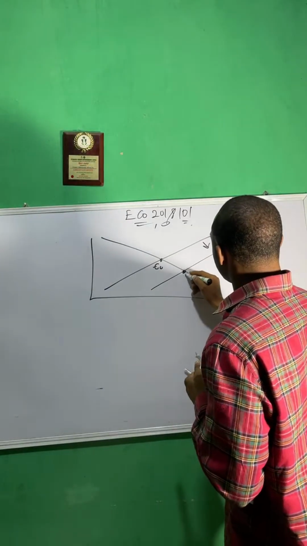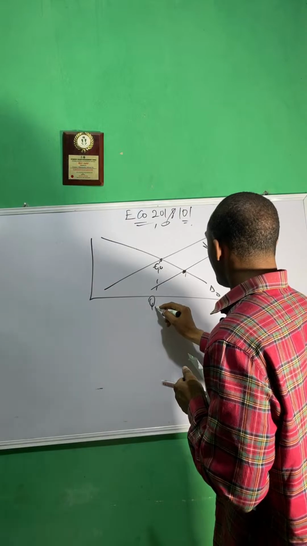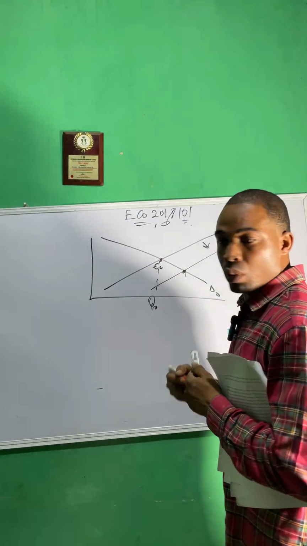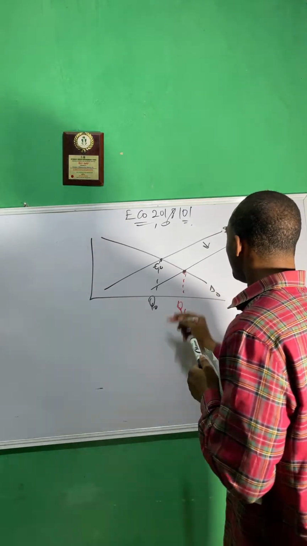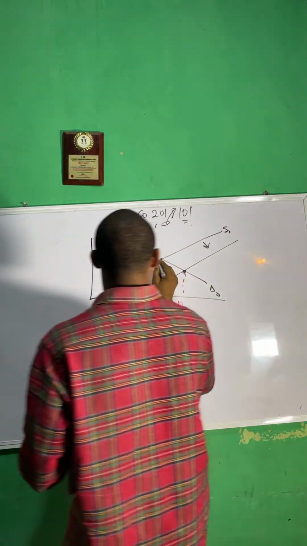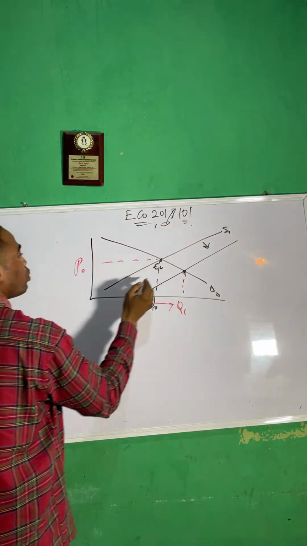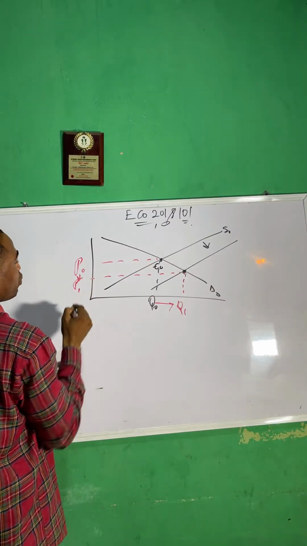What will happen? This is my QO, this is my Q1. What will happen to the price? This is the initial price, PO. My price falls to P1.